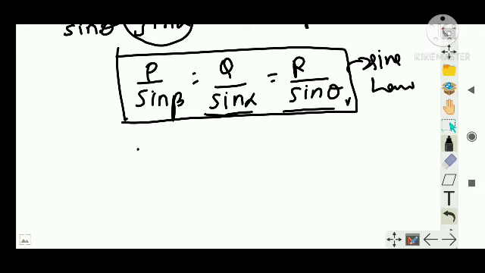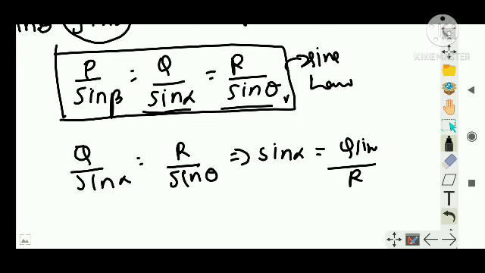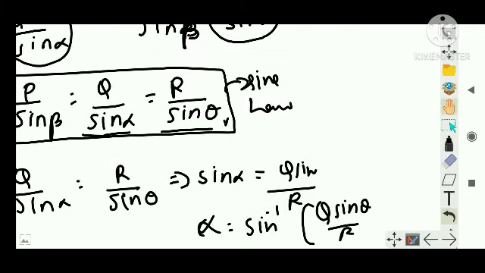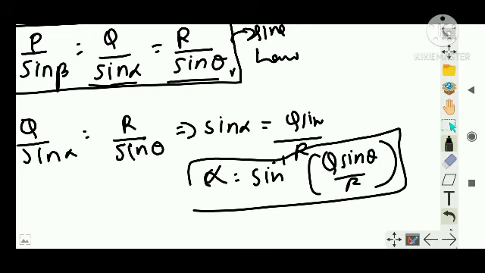So Q by sine alpha is equal to R by sine theta, or sine alpha is equal to Q sine theta by R. Or alpha is equal to sine inverse of Q sine theta by R. Clear?